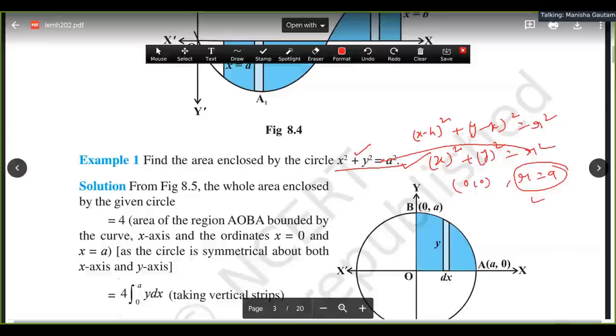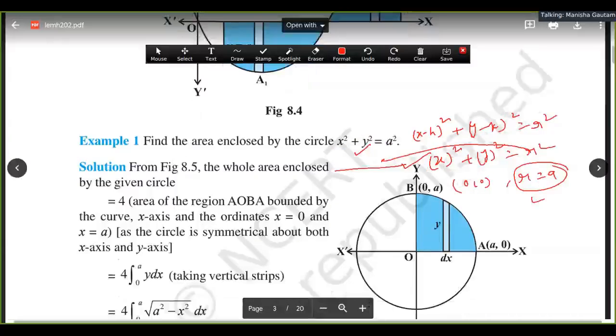The whole area enclosed by this circle you have to calculate. You can see here the circle is symmetrical about the x-axis as well as the y-axis. It means these four parts have the same area. If you calculate the area of one portion and multiply by 4, you are getting the whole area of the circle.